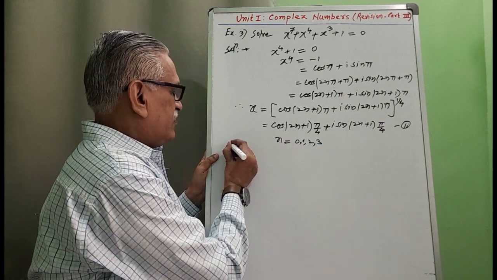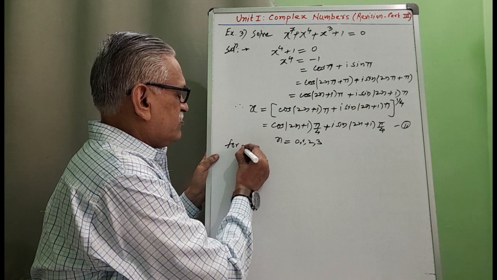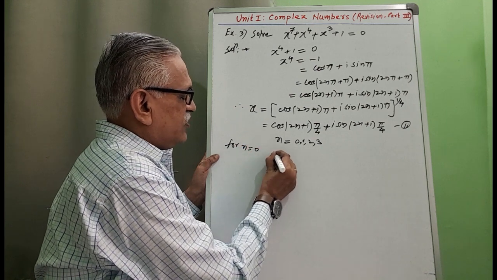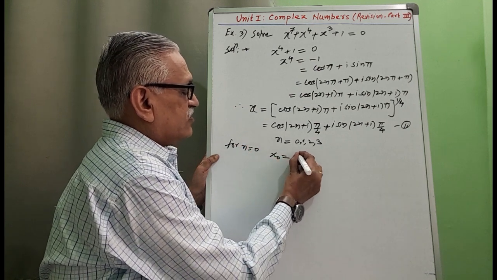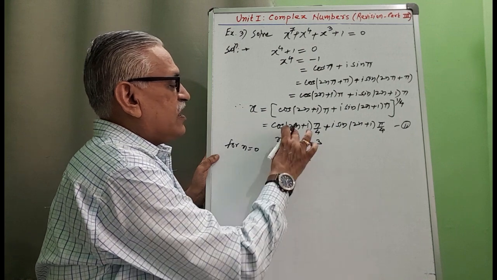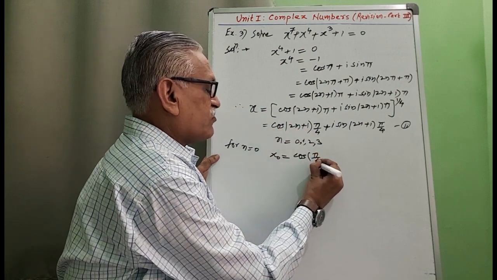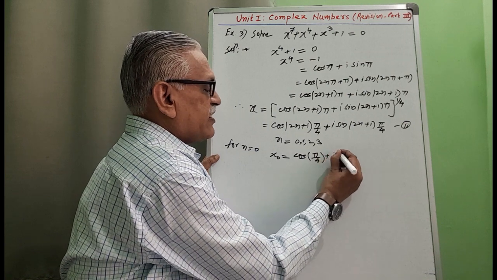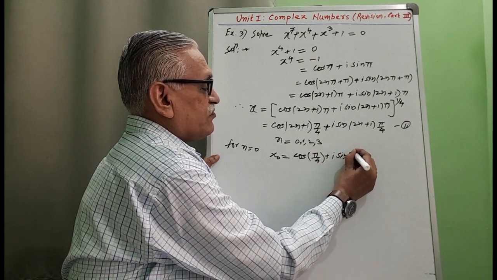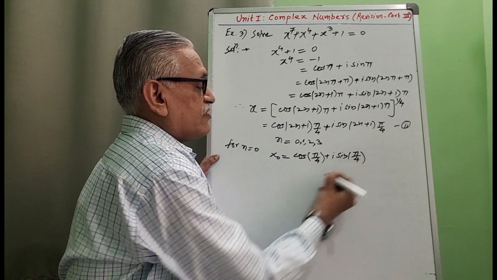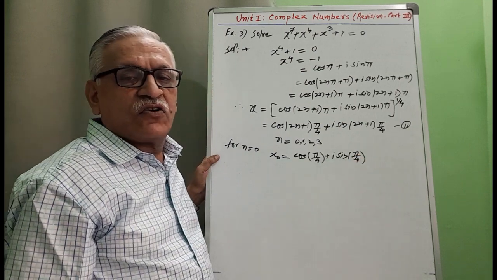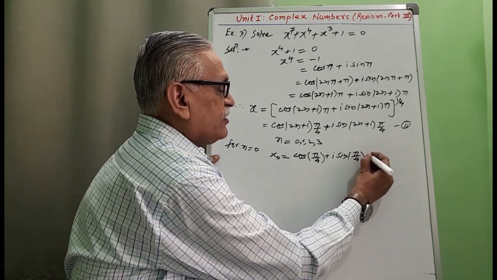We get for n equal to 0, first value as cos of π by 4 plus i times sine of π by 4. And the value of cos π by 4 and sin π by 4 is 1 by root 2.